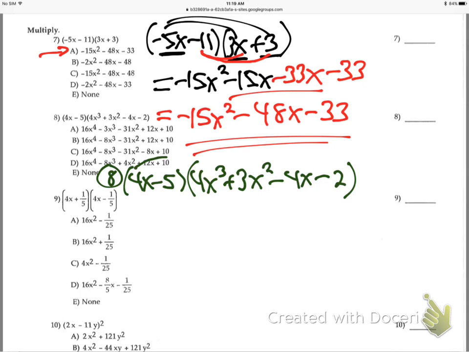So the 4x goes boom, boom, boom, boom. So when you multiply, remember, out front numbers multiply, powers add. Out front numbers multiply, powers add.